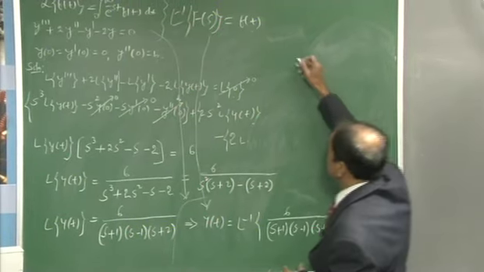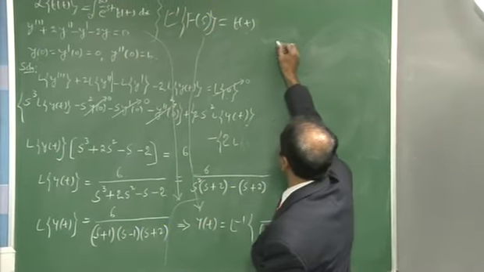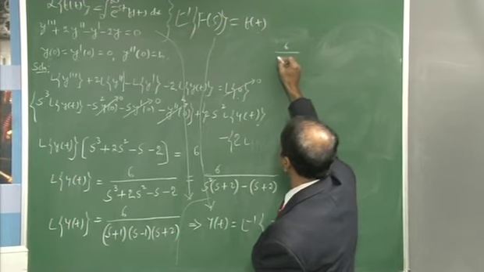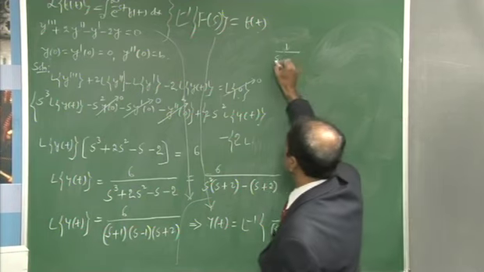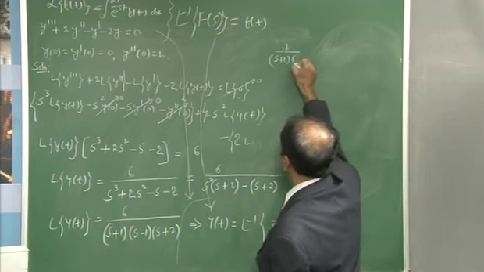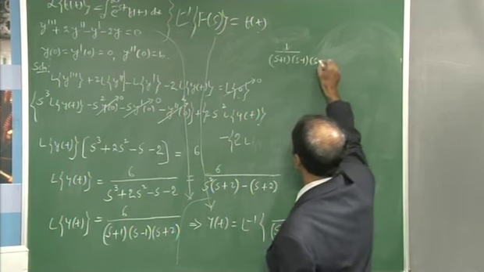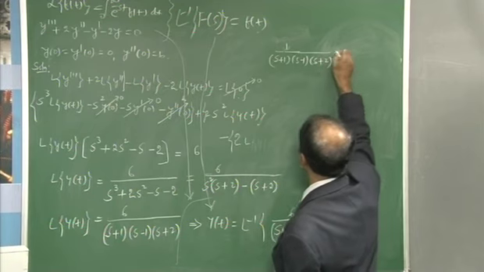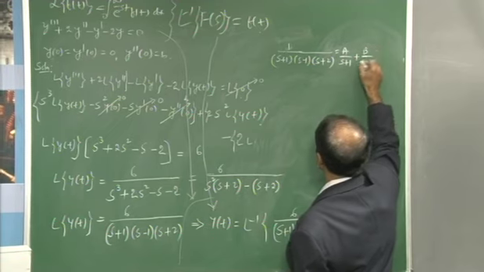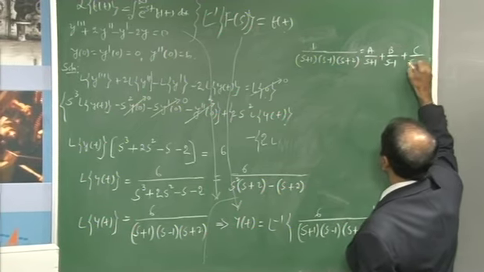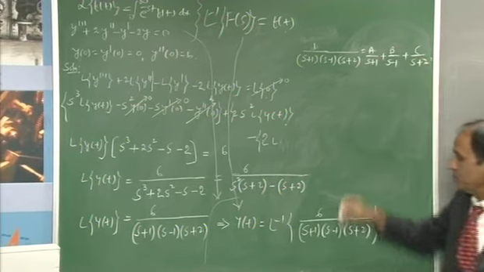Okay. So now, by partial fractions, 6 divided by, that is otherwise 1 divided by, if you keep this 6 outside, (s plus 1) into (s minus 1) into (s plus 2) will be written as a divided by (s plus 1) plus b by (s minus 1) plus c by (s plus 2).